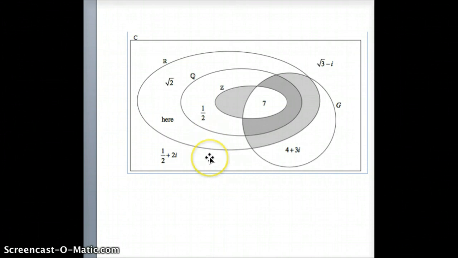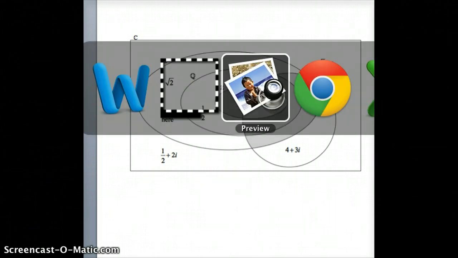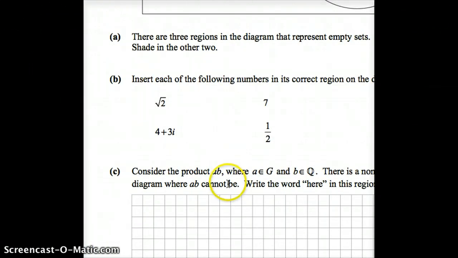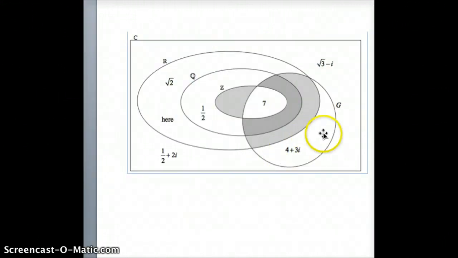And the last bit then is about the product AB, where A is, hold on, I can't even remember what this question is. Consider the product AB, where A is in G and B is in Q. If A is in G and B is in Q, you're multiplying a rational number by some number like 4 plus 3i, so the result is going to be a rational number.